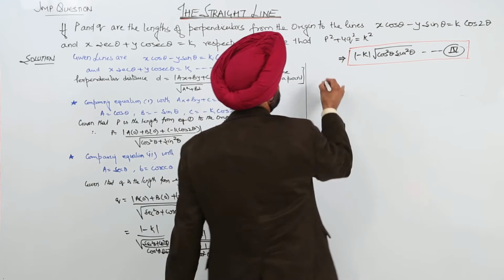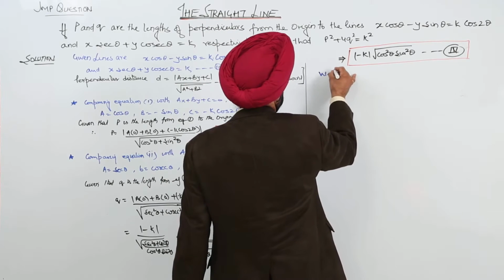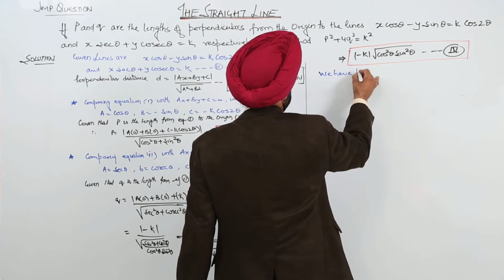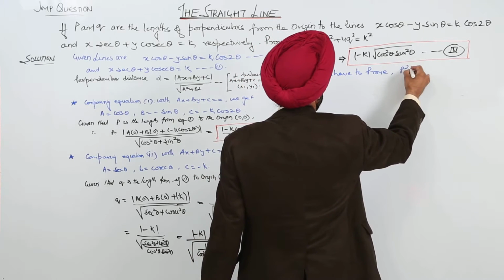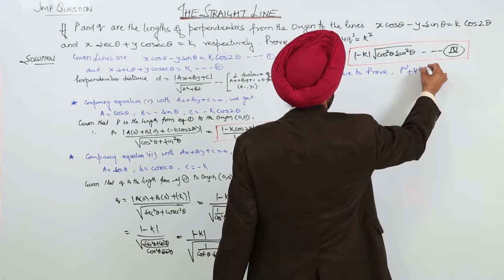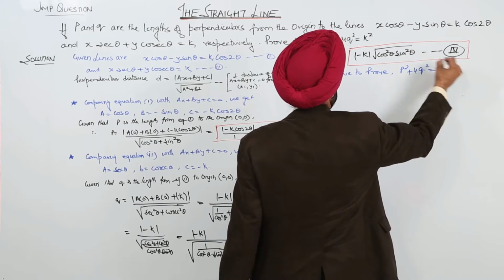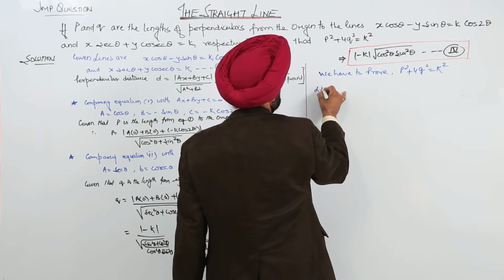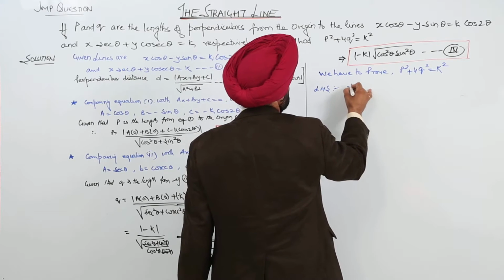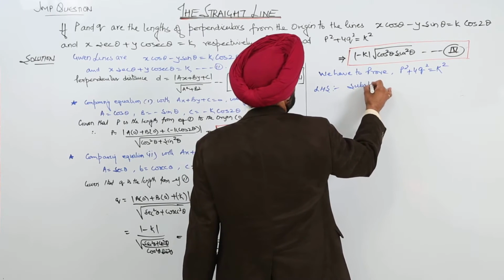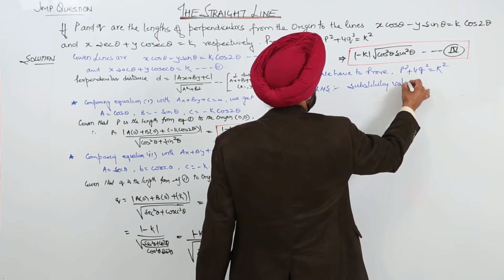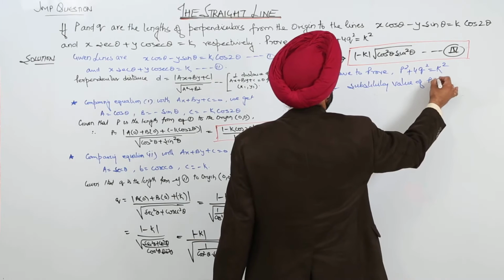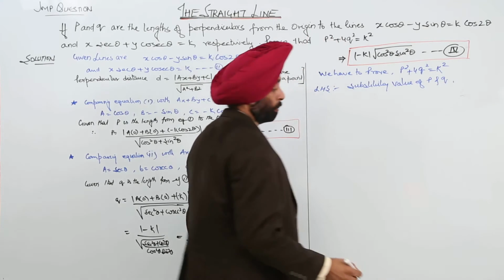We have to prove p square plus 4q square is equal to k square. Now, left hand side, substituting values of p and q.